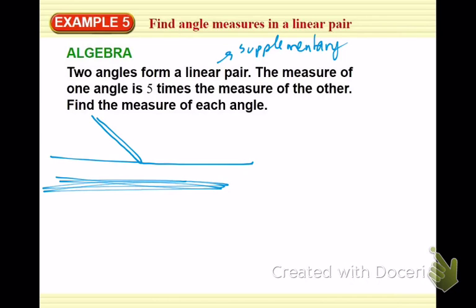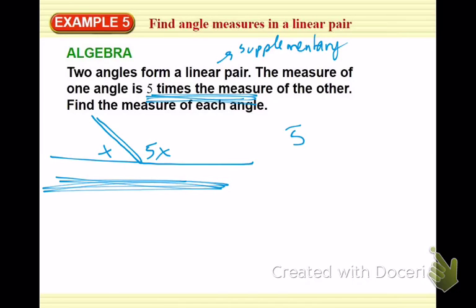The measure of one angle is 5 times the measure of the other. We don't know either angle, so I'm going to have to let one of these angles be x. Since the other angle is 5 times that angle, it's going to be 5x.